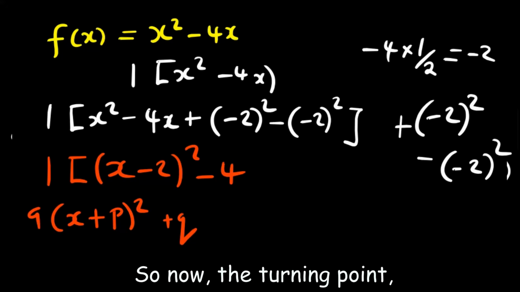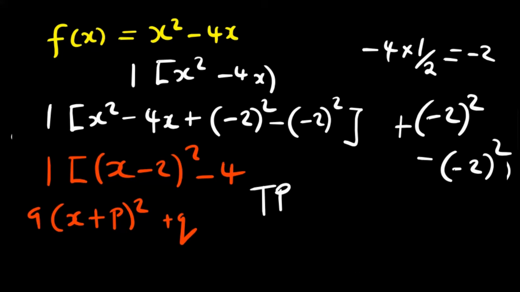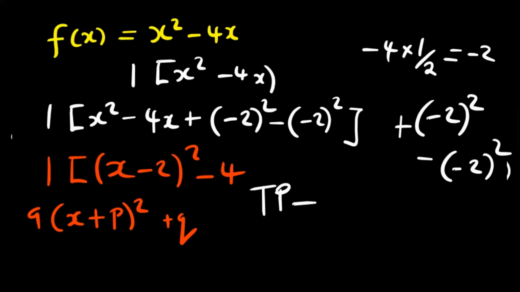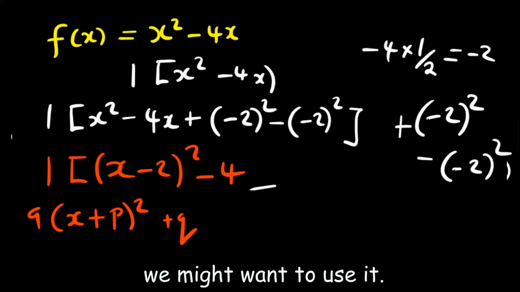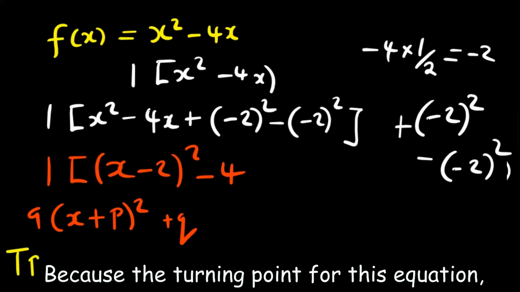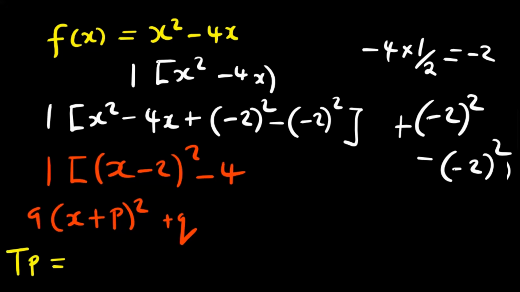So now the turning point, if they've asked you to find the turning point and maybe to also draw or show this on a graph. So the turning point, let me write it in the far corner. We might want to use it. The turning point for this equation is always negative p comma q.